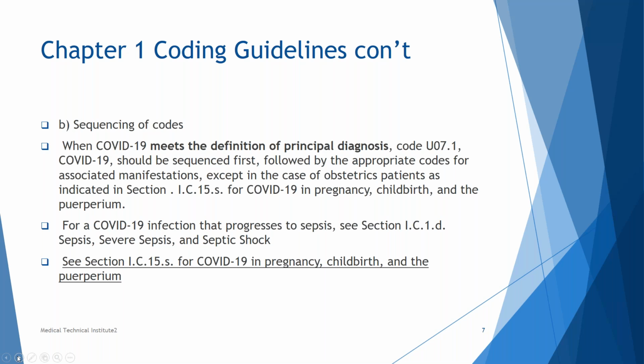For COVID-19 infection that progresses to sepsis, we see section 1C1D, sepsis, severe sepsis, and septic shock. So we have all of the updated guidelines showing in these different areas, and we will follow them to make sure that we are coding correctly as far as the sequencing.